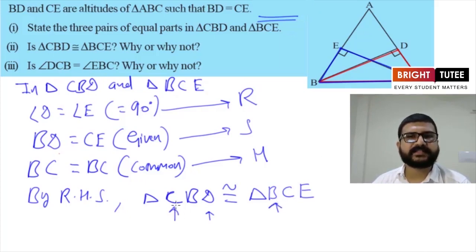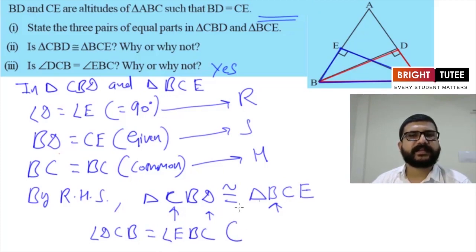So from this congruence relation we can say angle C is equal to angle B. So it means the answer for this question will be yes. We can write it here, angle DCB is equal to angle EBC. And why are they equal? They are equal because they are corresponding parts of congruent triangles. So we can write by CPCT.